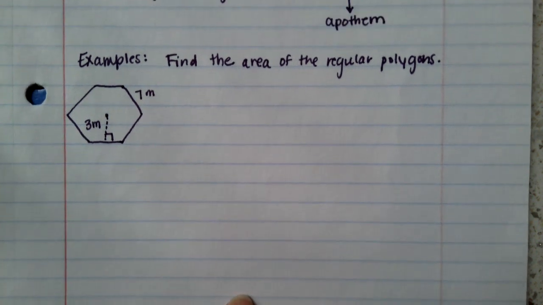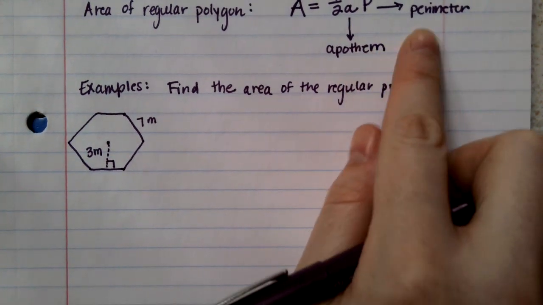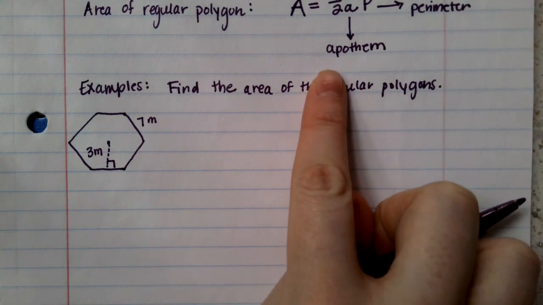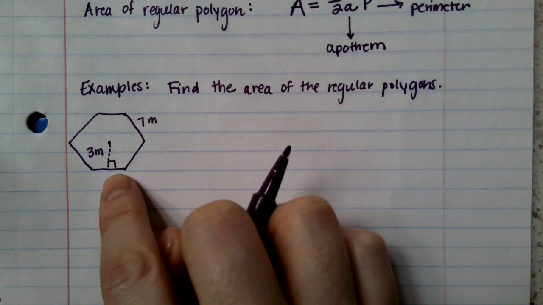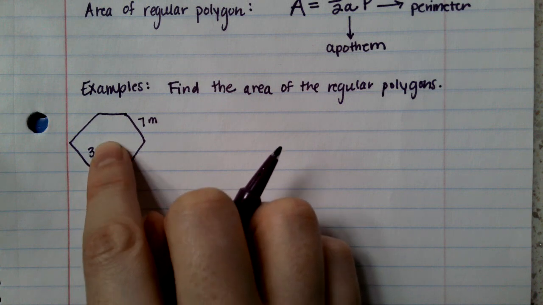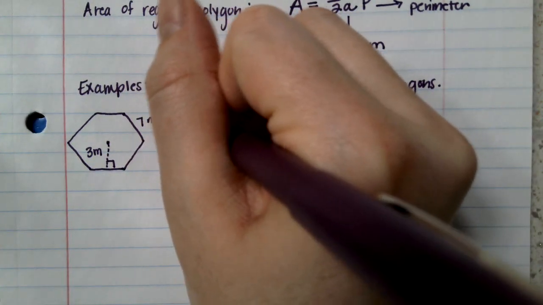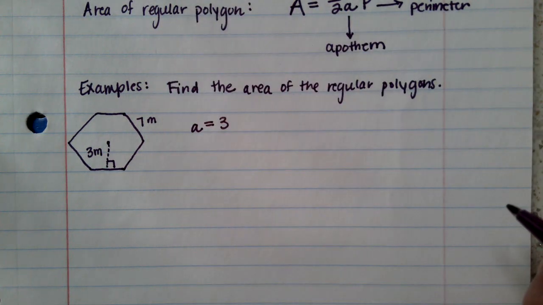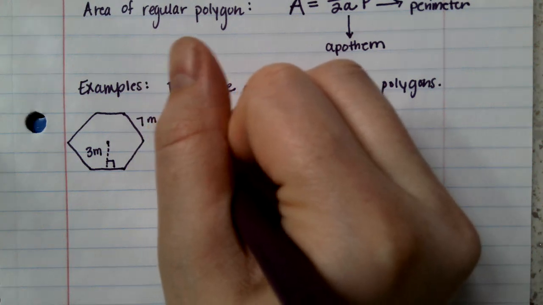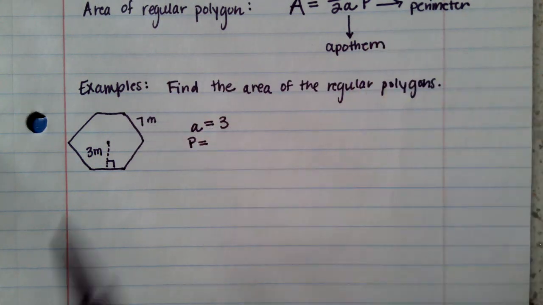So I need my apothem and I need my perimeter. And so the apothem is from the center at a right angle to a side. And so this that we are given is 3. So I like to write it out. My little a is 3. That's my apothem. Then for my perimeter, I want to add up all the sides, but it only tells me 1.